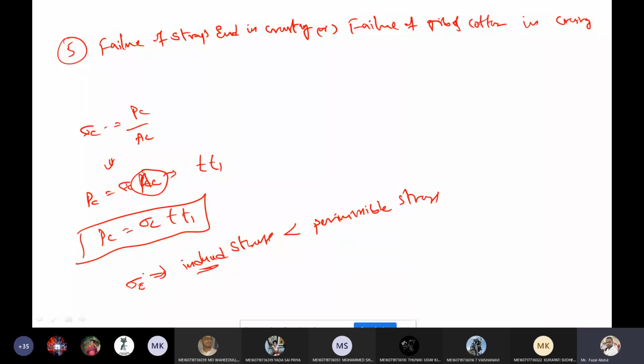This induced stress we are going to calculate with this equation. We need to compare both values. If our value is less than the permissible value, then our design is safe. Otherwise, if this induced stress is exceeding this permissible value, then our design is not safe. That comment you have to write. After writing the comment, for safe design purposes, we select this permissible stress value, substitute the value here and get the T1 value. That is the procedure.